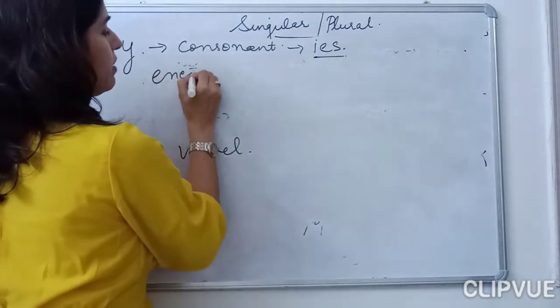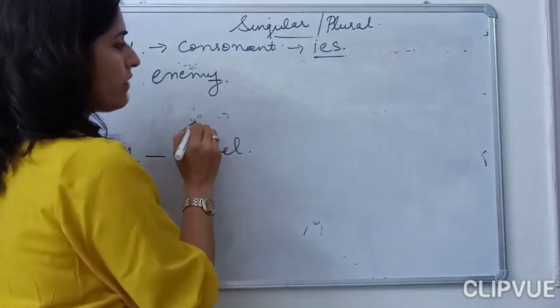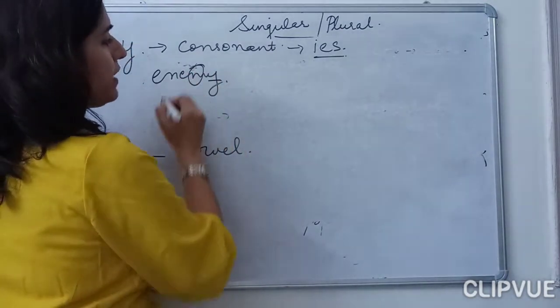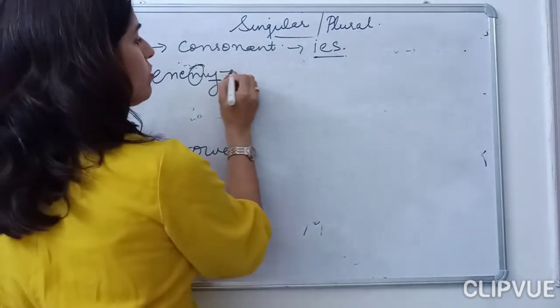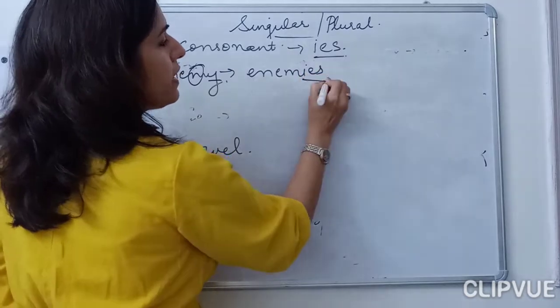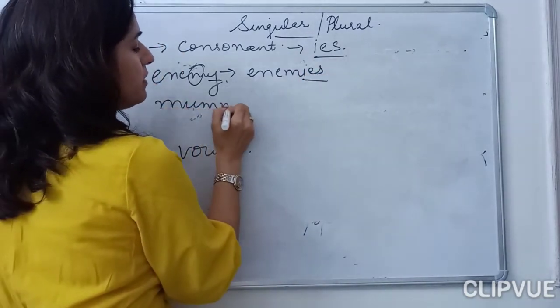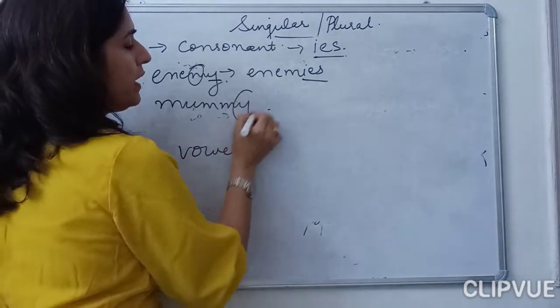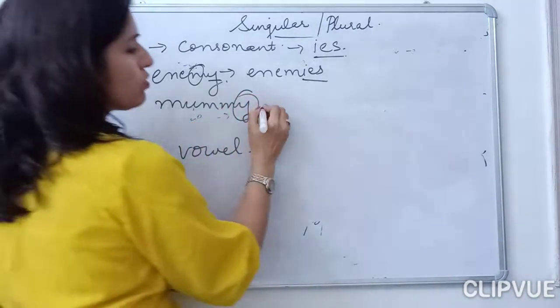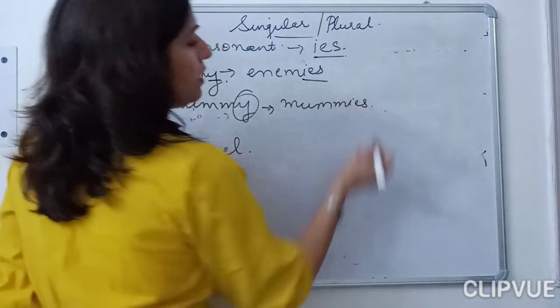Let me take a word, enemy. Here it is ending with Y. Before that it is a consonant. So how will I write it, children? Enemies, I-E-S. Suppose I take mummy. Mummy, ending with Y, before it is a consonant. So what will it be? Mummies.